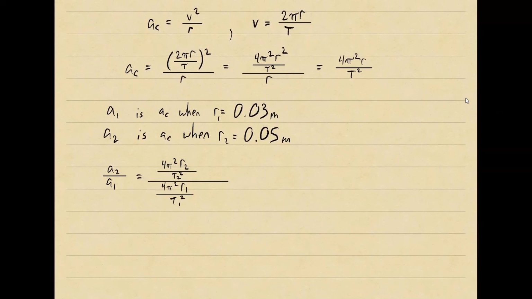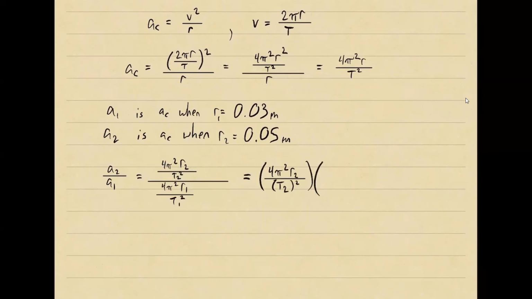So here we are dividing two fractions by one another. If you remember the very first lecture that we had, we know how to do this. We take the top fraction and leave it alone, so it's going to be 4 pi squared times R2 divided by T2 squared. And what we do is take the denominator, flip it, and then multiply it by the numerator.